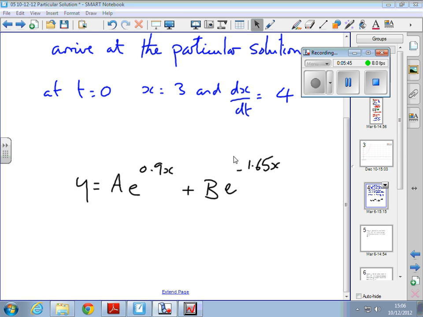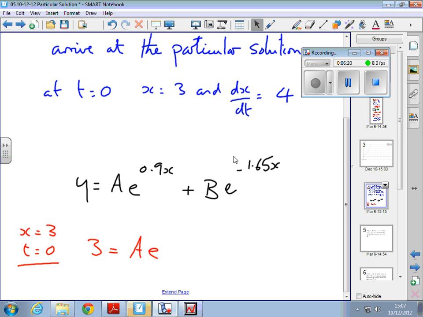So putting in the boundary condition, x equals 3 when t equals 0, we can form our first equation.